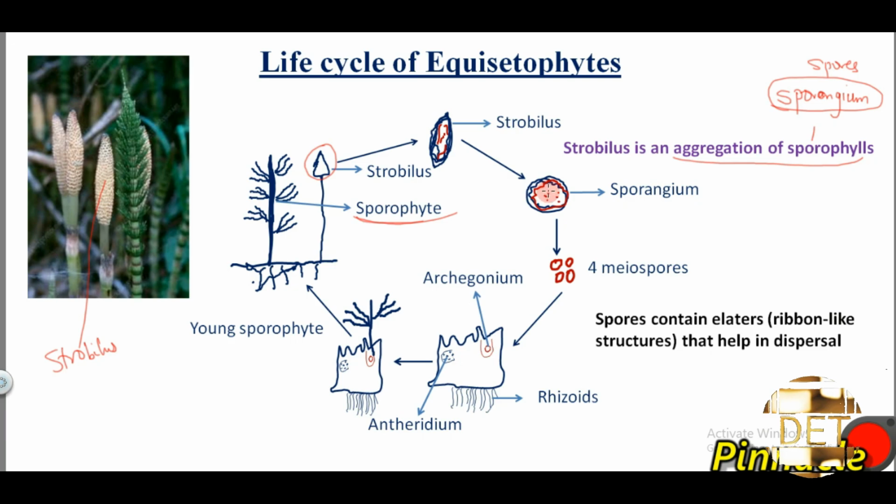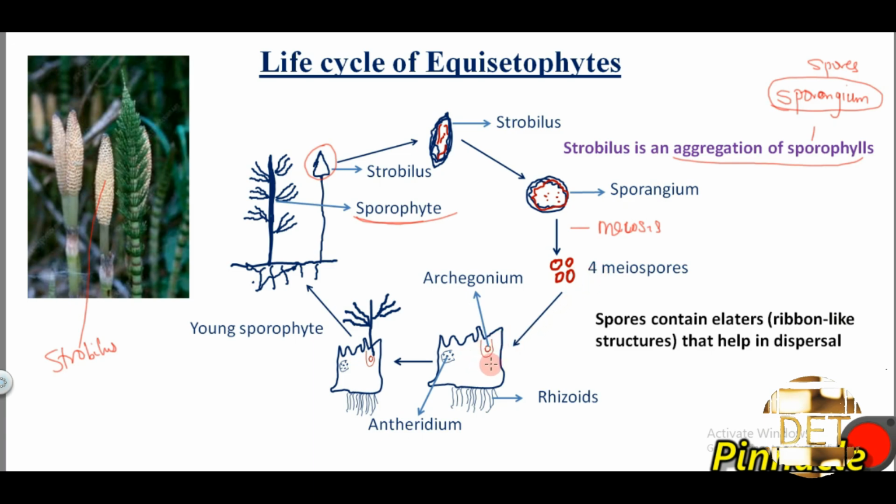When it undergoes meiosis, these spores divide to form meiospores. So meiosis occurs here to give rise to meiospores.